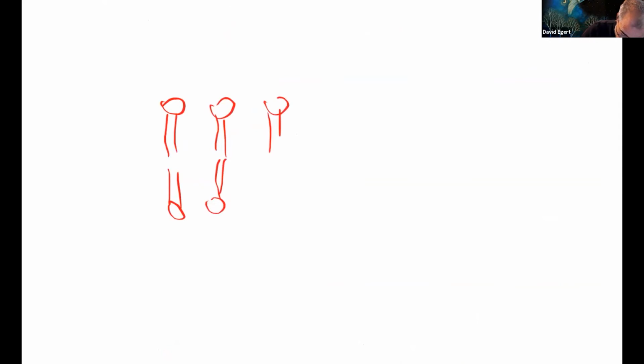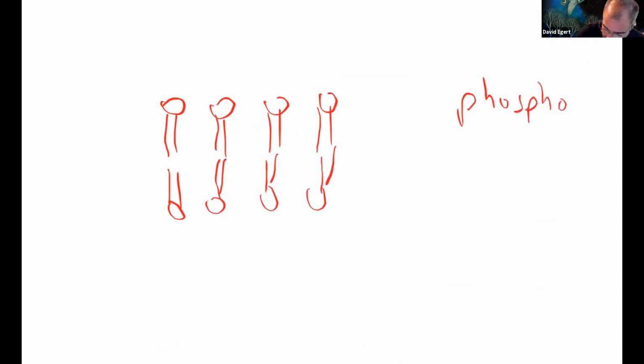So we get the phospholipid bilayer, which should not look surprising. This is something you've seen in your Bio 110. It's the way that a cell membrane is formed. Phospholipid bilayer.